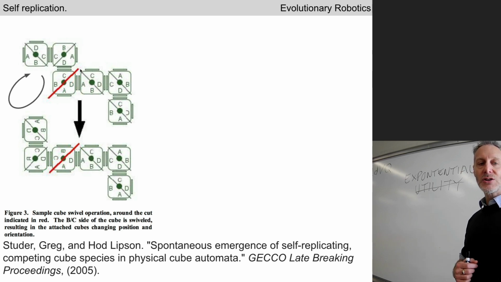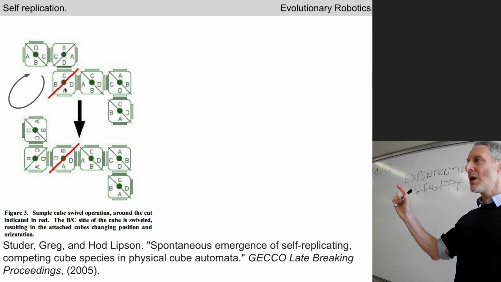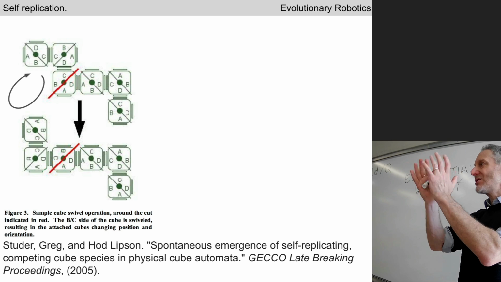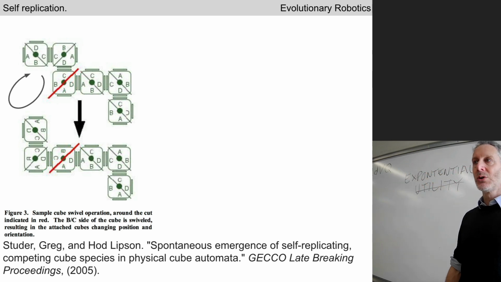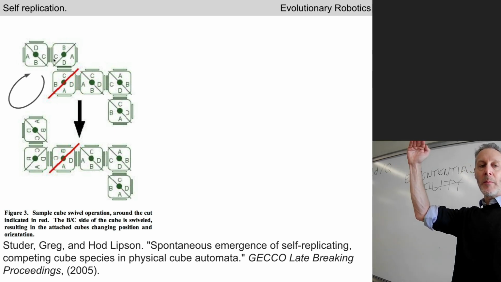And in my little cartoon example here, remember that each and every module in this modular robot has one motor in it, which can rotate the 2 halves of the module relative to itself. So in this cartoon example, the motor in this particular module has turned on, and it's going to rotate the half that contains side B and C relative to A and D. You can see this little arm up here.